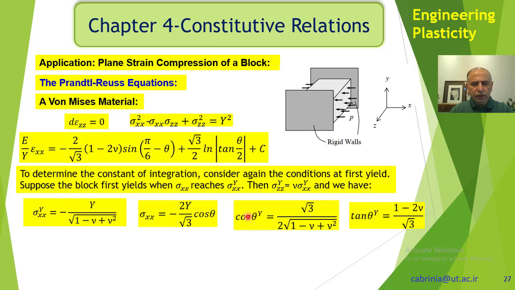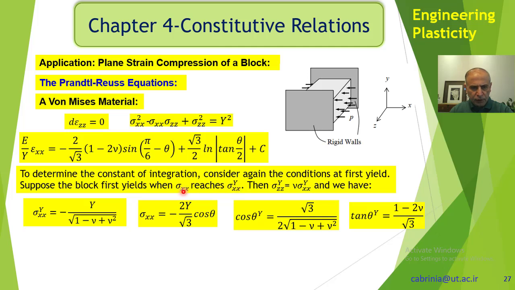We obtained this before, except that for this substitution I just put cos theta y, because when sigma xx reaches sigma xxy, theta changes so that sigma xx reaches sigma xxy, so we call this sigma theta y corresponding to that.